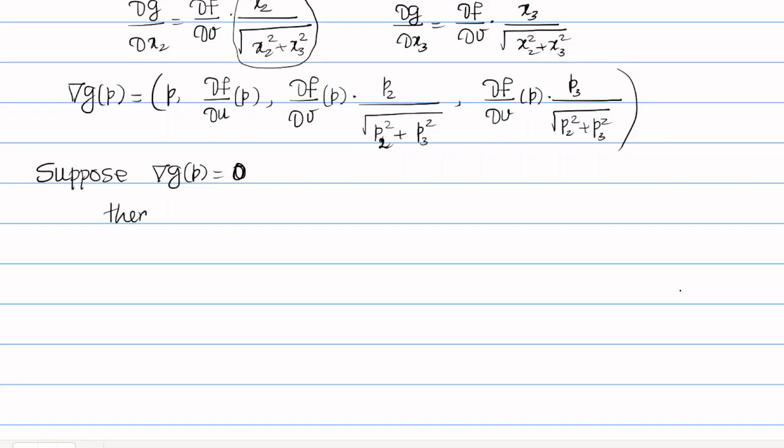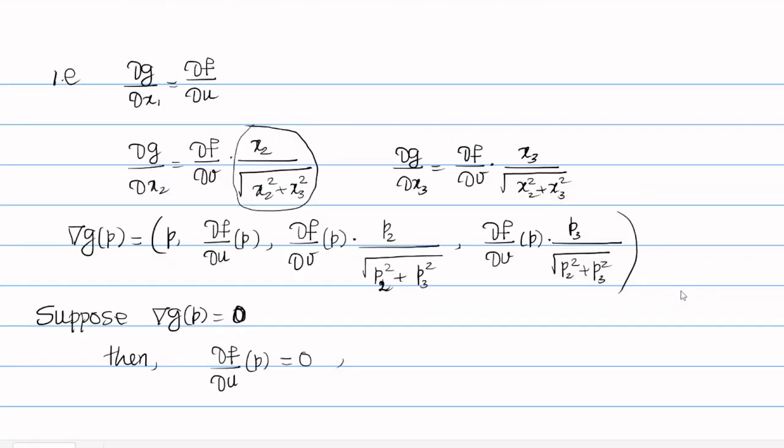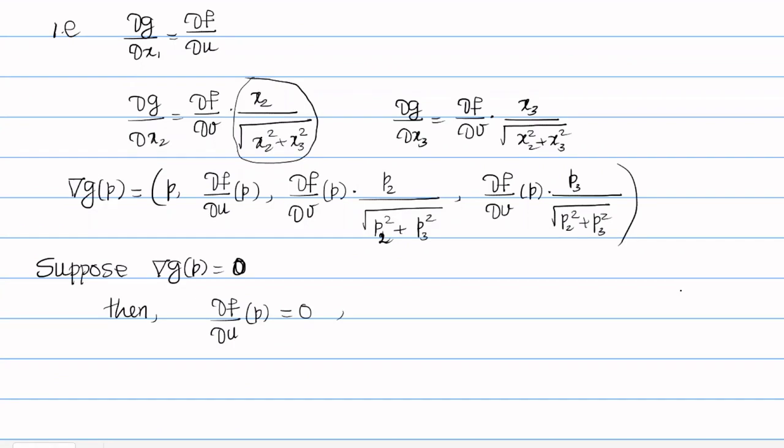Then what will we have? dou f by dou u at the point P is equal to 0, and dou g by dou x2 at the point P is equal to 0.